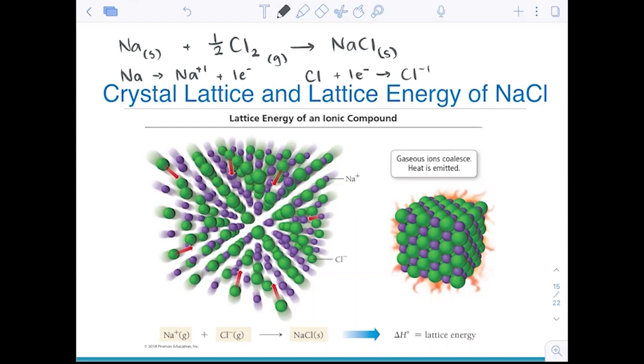But that's not the only thing that happens. Lattice also happens. It's the buildup of the actual ions, this idea that tells us the overall energy change for making an ionic compound.